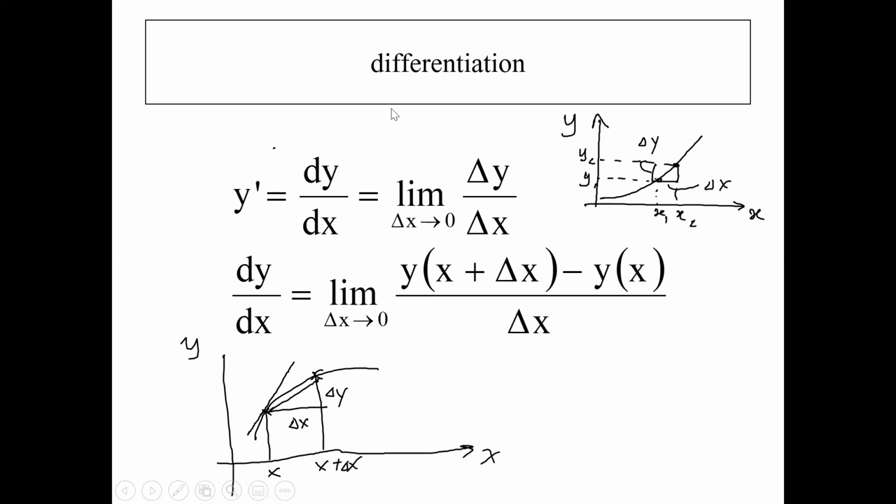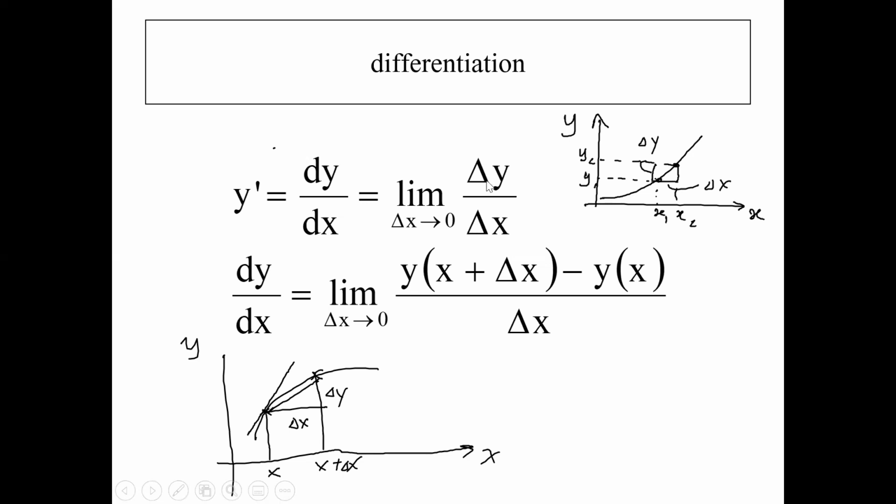Suppose we have the graph of y and x in any shape, and the change of x from x1 to x2 results in the change of y from y1 to y2. So the rate of change is delta y divided by delta x, the change in y when x is changing.